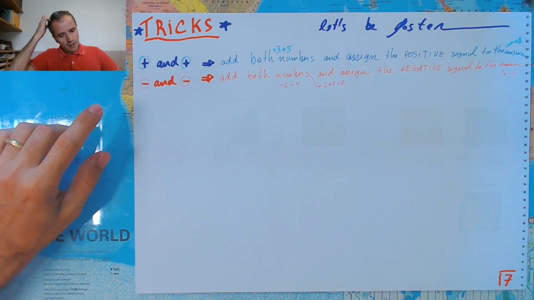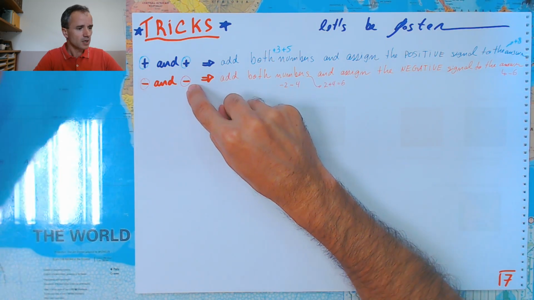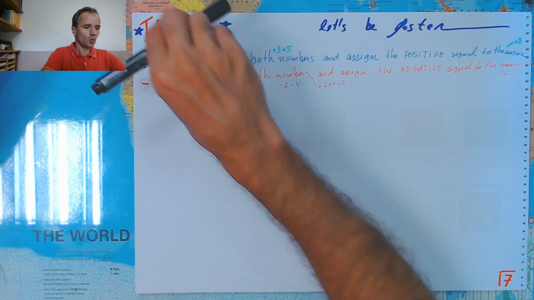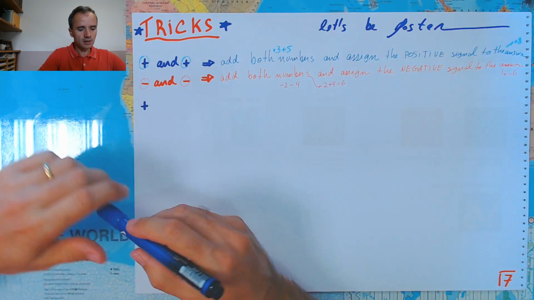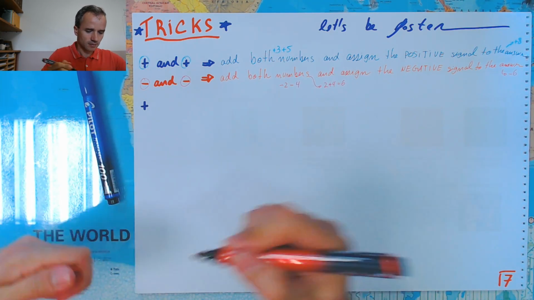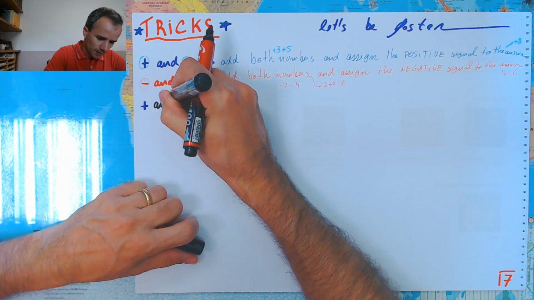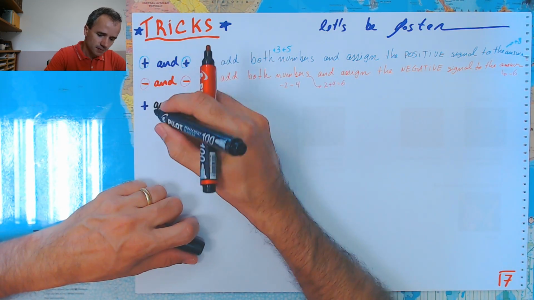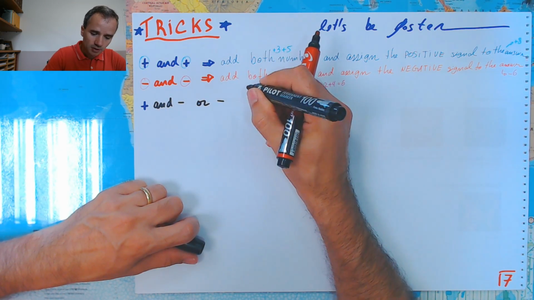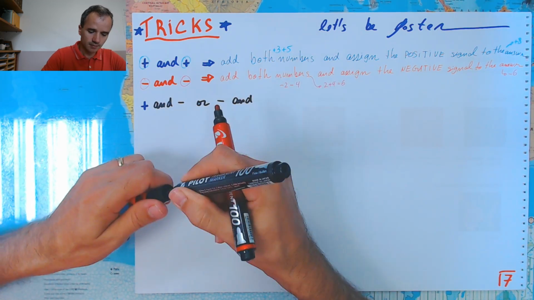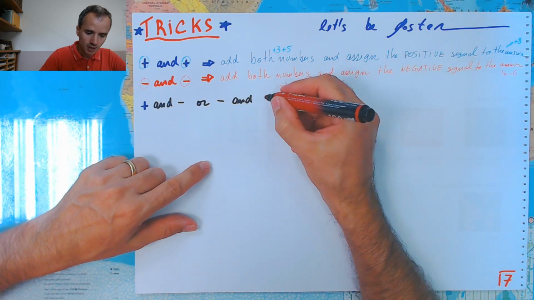Now this is when they are both plus and when they are both minus. And what happens when one is a plus and the other one is a minus? Let's put in black. A plus and a minus, or maybe a minus and a plus.